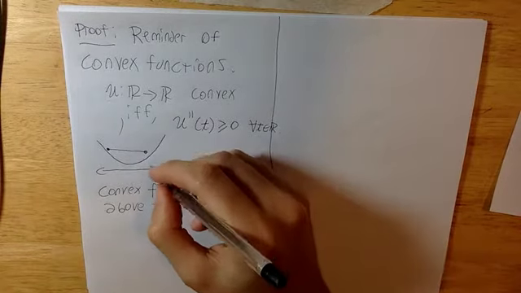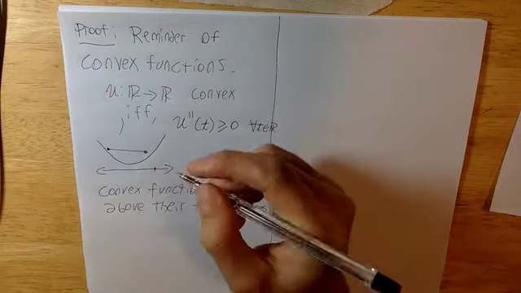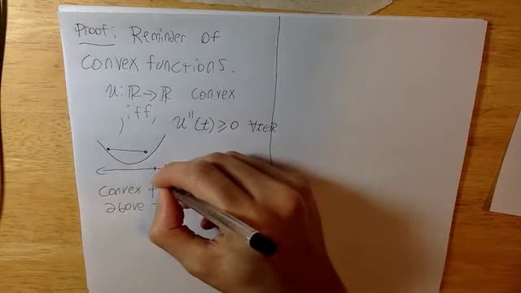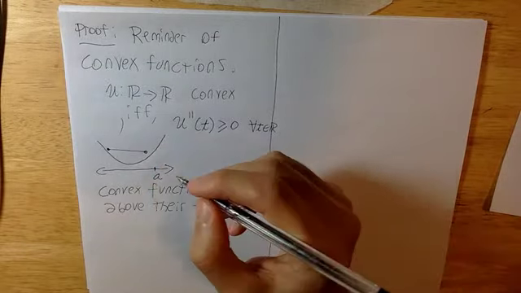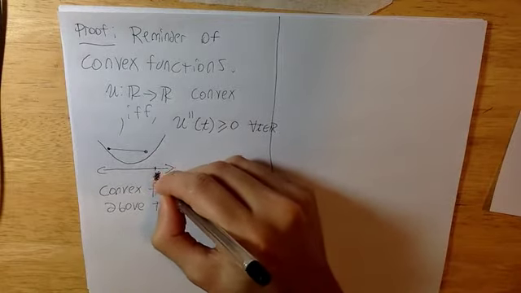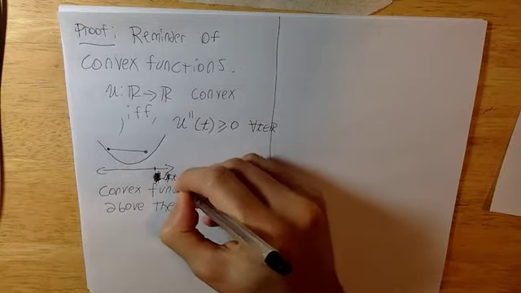Okay, so let's say we have a point here. So let's have a point here, which we are going to call A. No, probably I want to call it x star or t star.